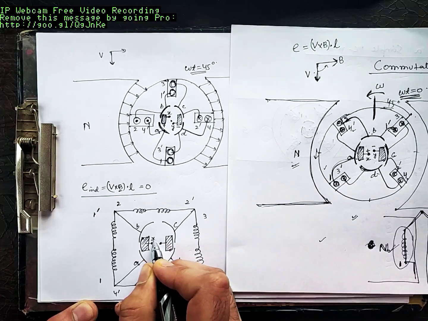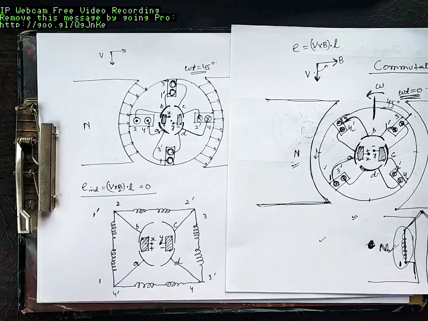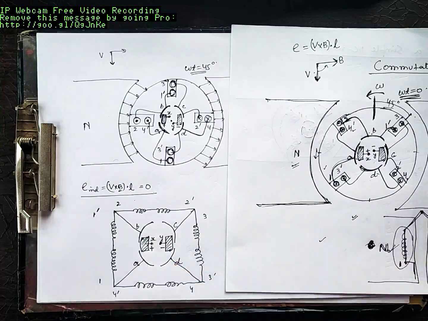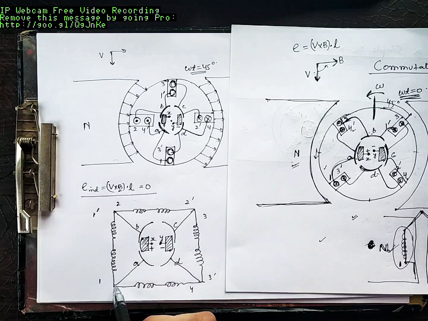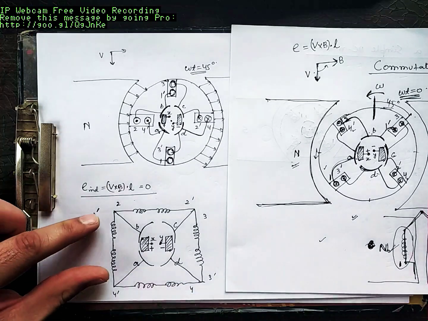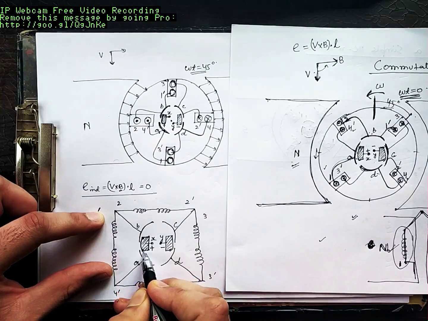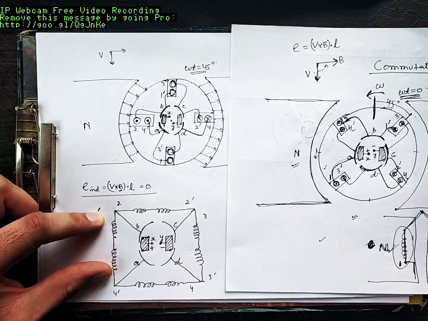This is X, this is Y, positive, negative. You can clearly see that brush X is short circuiting commutator segments A and B. Between A and B, you have coil 1. If coil 1 has some voltage and you are directly short circuiting that via the brush, there will be a huge circulating current flow over here, which will damage the machine.